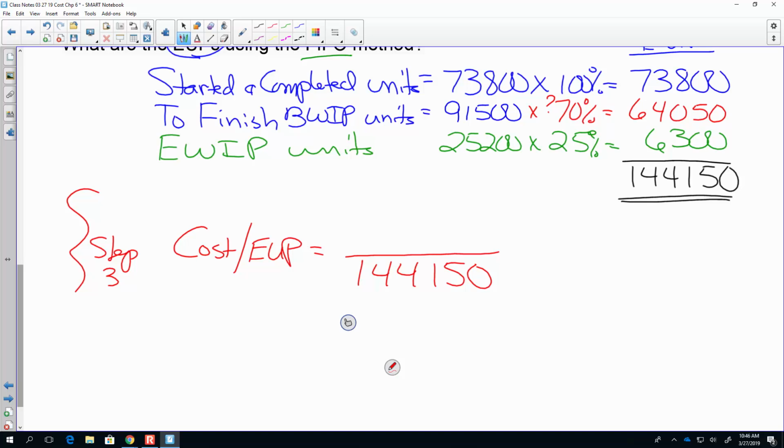Your current cost. What's missing? What's the difference here? The beginning. No beginning cost, right? Please, that's the biggest stumbling block again on the test. I'm looking for FIFO. I only want current cost here for FIFO.